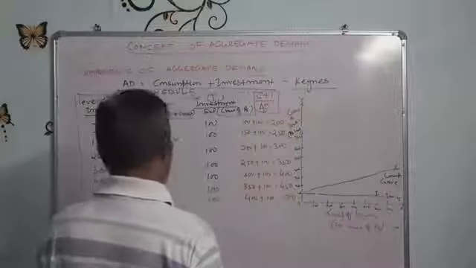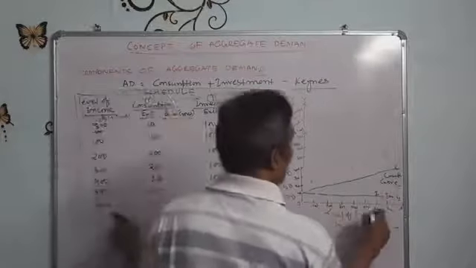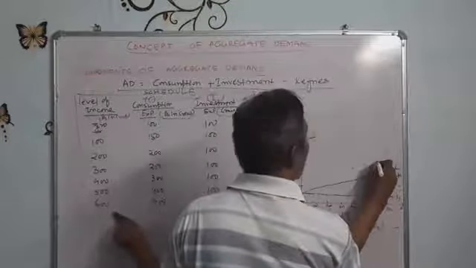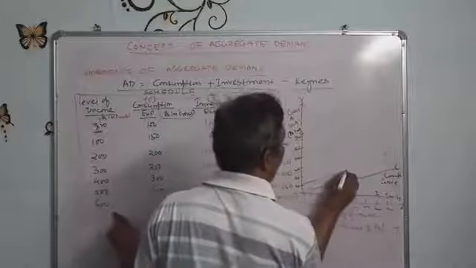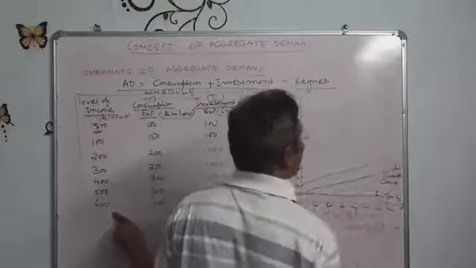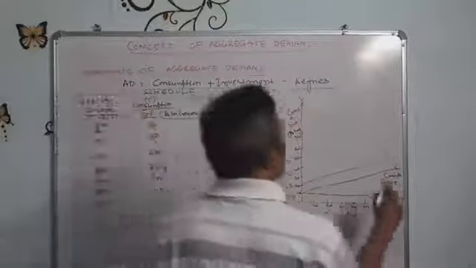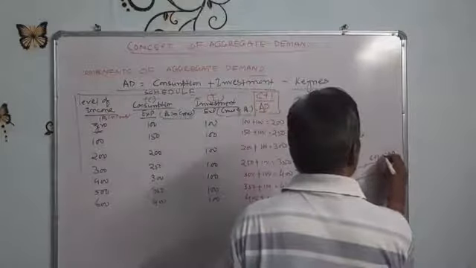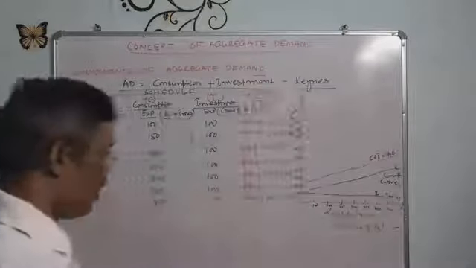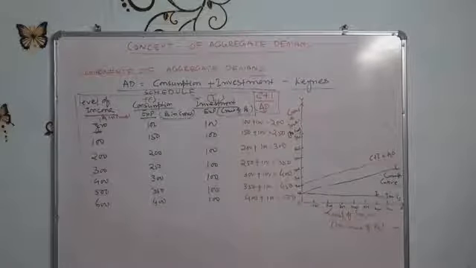And 600 level of income, 500. This is called aggregate demand, which is the consumption plus investment curve, which is to be called the aggregate demand curve.